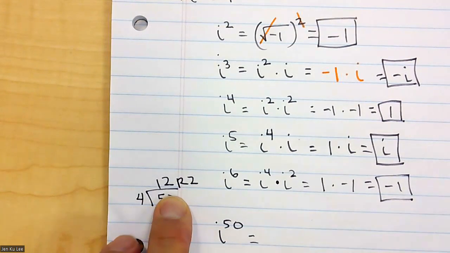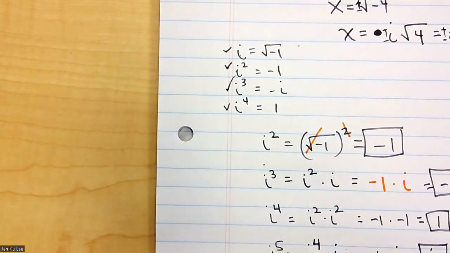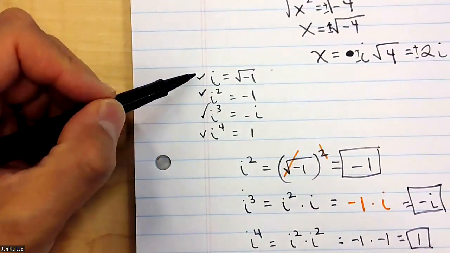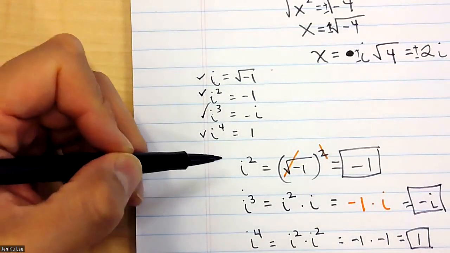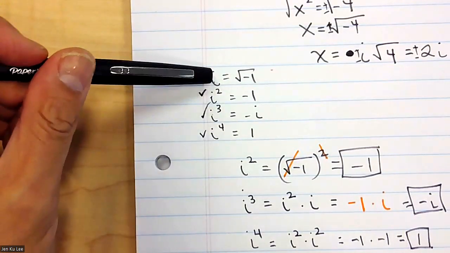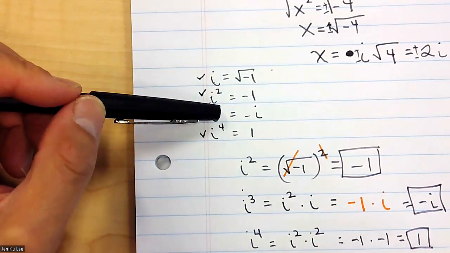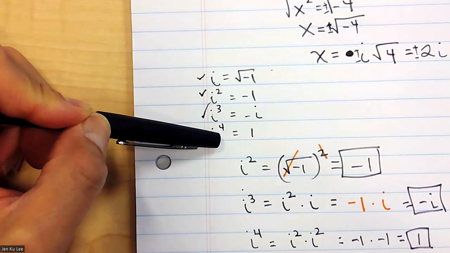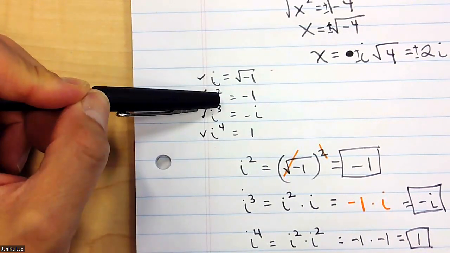What this tells me is that to get i to the 50th, we go through this cycle 12 times, okay? And you have a remainder of 2, so after you go through it 12 times, this will be 47, 48, and then 49, remainder of 2 is 1, 2, right?